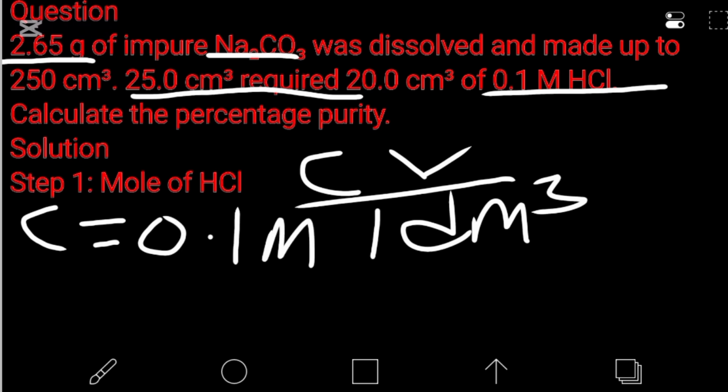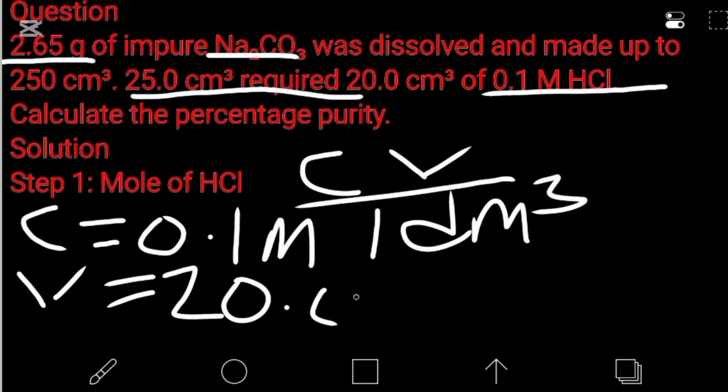That's the value of concentration of hydrogen chloride. So the next is V. The volume of hydrogen chloride in this question is 20 cm3. So we have 20.0 cm3. So the next in our formula is 1 dm cube.